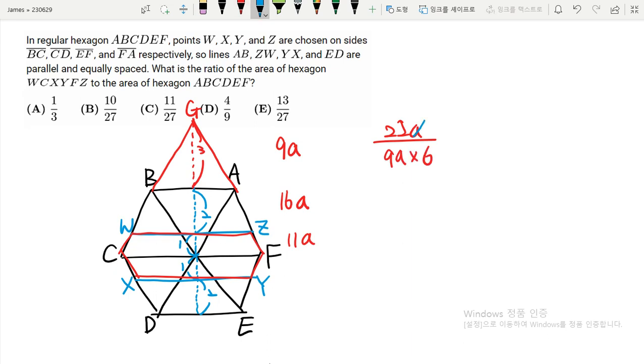So we can cancel A, and if we simplify 22 and 6, now what's the ratio between the small hexagon and the original hexagon? So the numerator is 11, the denominator is 9 times 3, 27, so the answer is C.